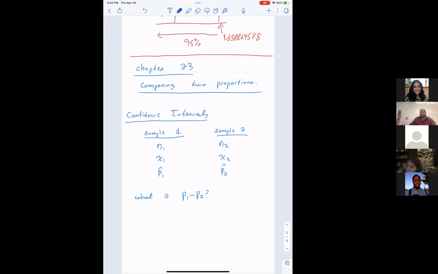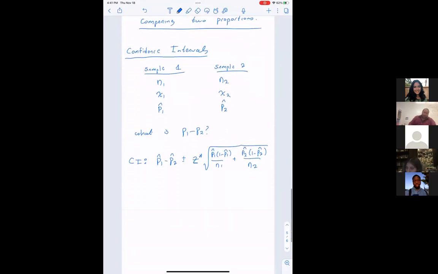That's a silly question. I know P1 hat and P2 hat. They come from my sample. I don't have to question them. I'm questioning the true values, P1 and P2. What's the true difference between them? So my confidence interval is P1 hat minus P2 hat, plus or minus Z star, square root of P1 hat (1 minus P1 hat) over N1, plus P2 hat (1 minus P2 hat) over N2.